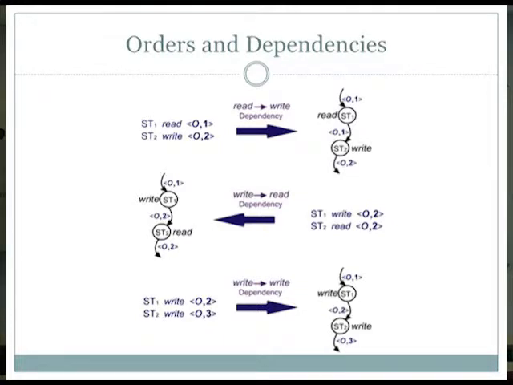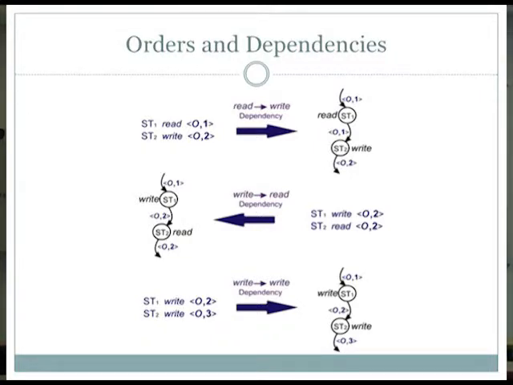Now, I'm accessing a data item for writing, and somebody else reads this data. There is a dependency. Or write and write. This is another dependency. Anytime there is a write operation, writing on something, there is a dependency. If it was just read, everything could be fine.